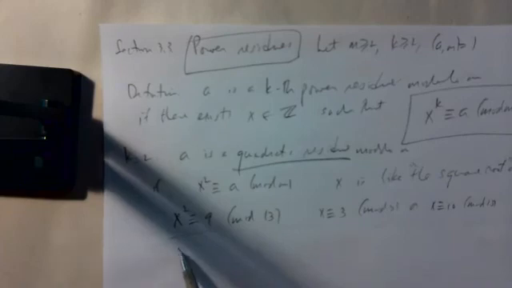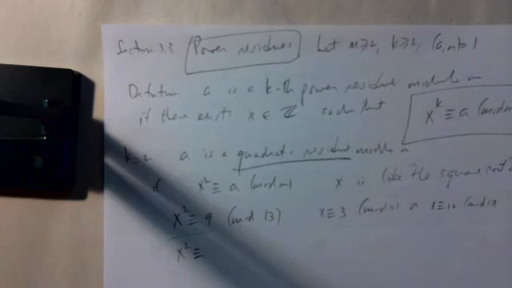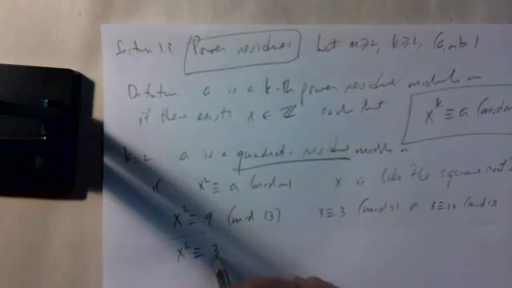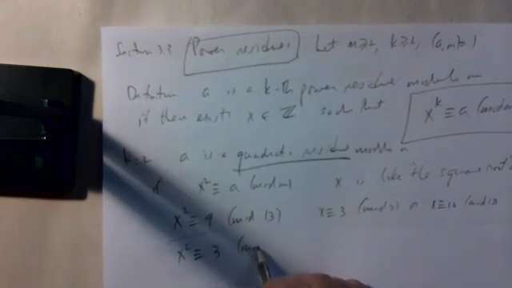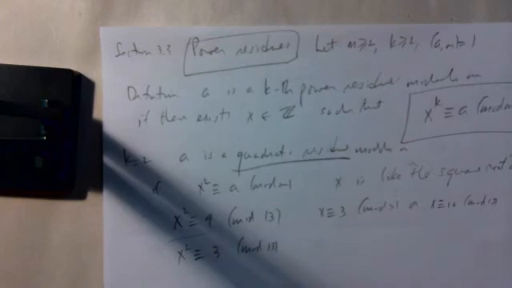Suppose we wanted to solve x squared congruent to, let's see, what's a good example? x squared congruent to 3 mod 13.